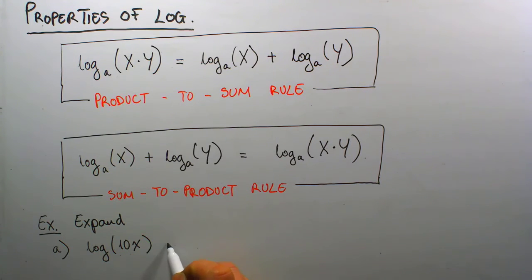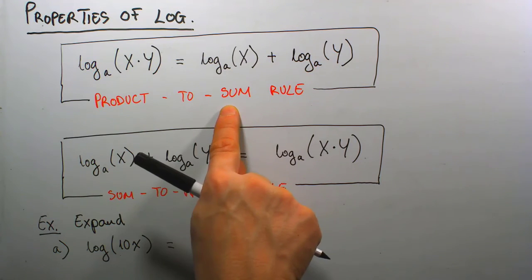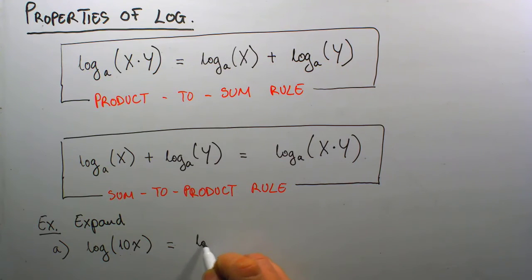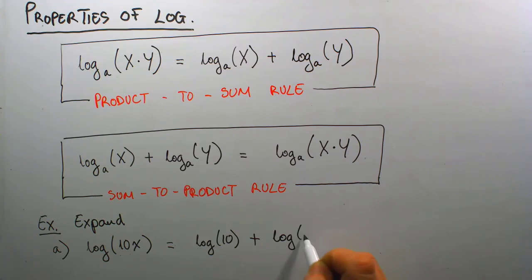And so now, here I'm seeing a logarithm of a product. So now this product to sum rule will become useful for us. I can rewrite this as same base 10, log base 10 of 10 plus log base 10 of x. And these two logarithms are of the same base as this beginning log right here.